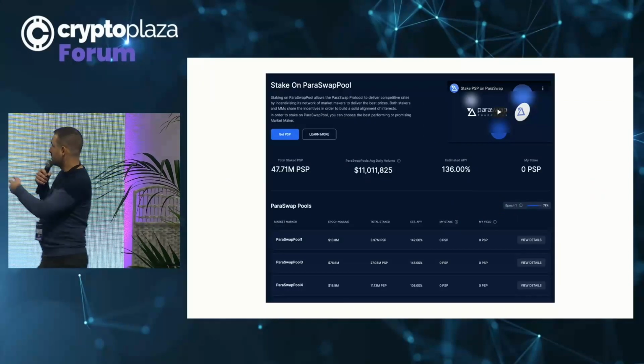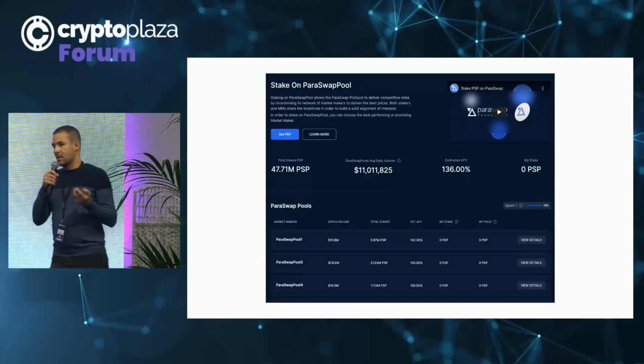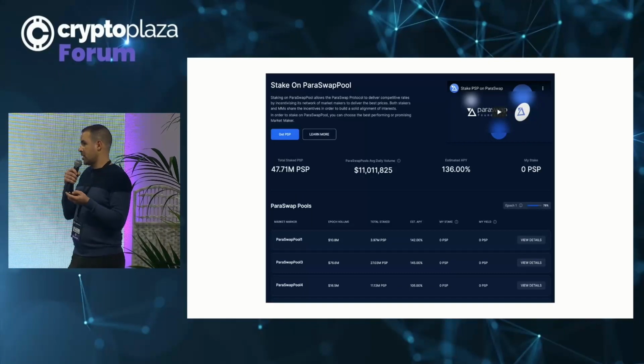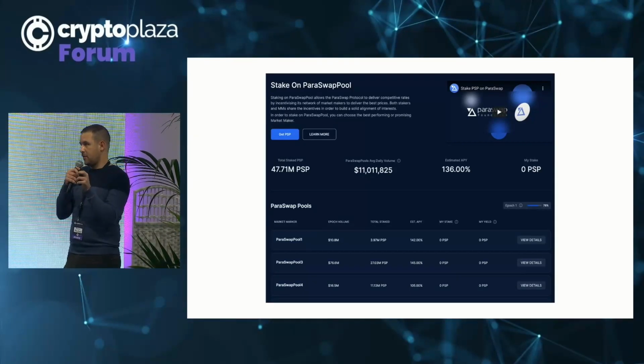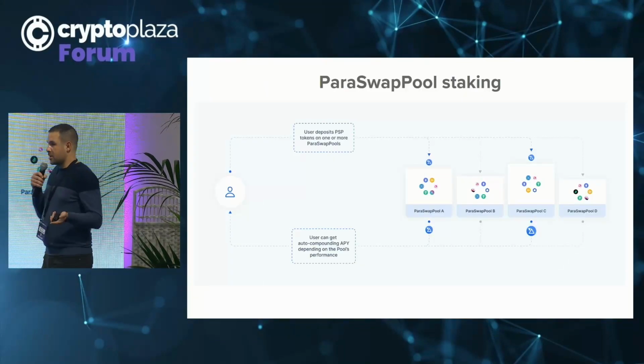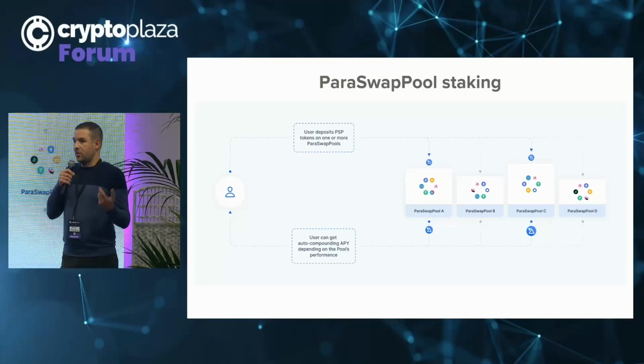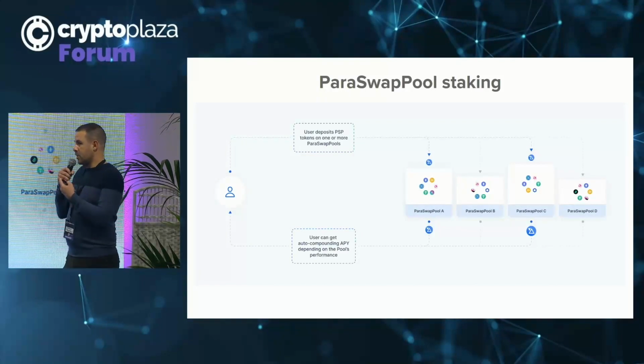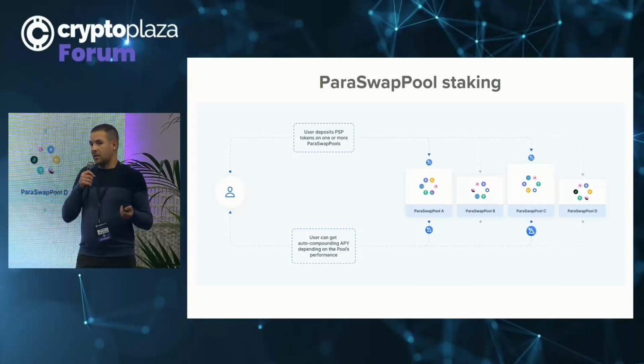Users are incentivized to get an APY, and market makers are making a profit on every trade, and here we are maximizing their profits. Why ParaSwap pool? Again, it's a superior model, and we want them to be even more competitive and deliver a high quality of service.